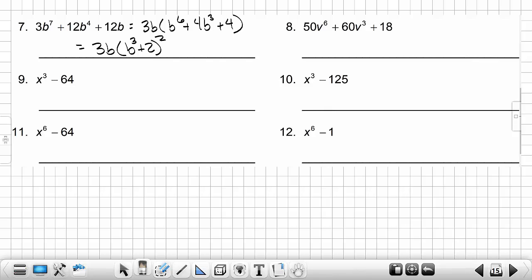We're to Holly. Holly, what can I take out of every item here? 2. We'll have 25v to the 6th plus 30v cubed plus 9. Holly, just to double check, square root that. 5v cubed, right? 5v cubed, square root that. 3. 5 times 3 times 2, is that 30?